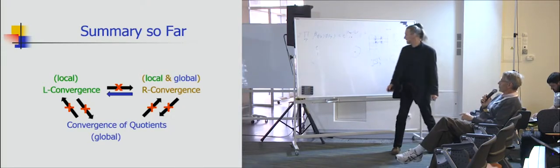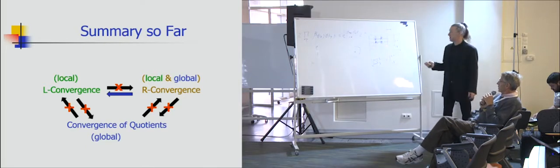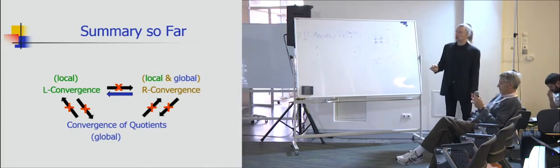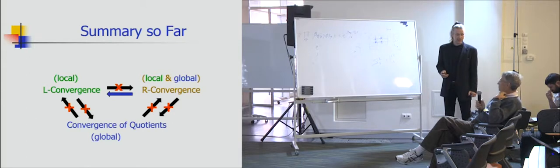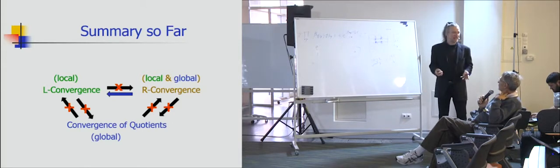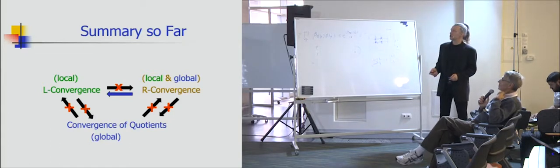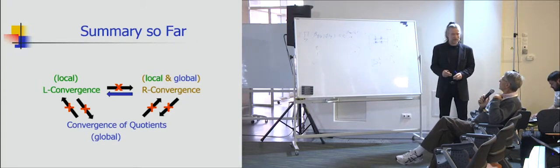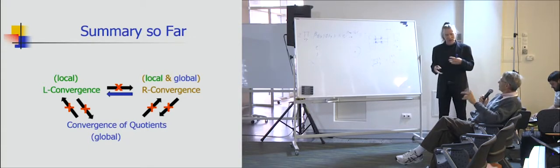Yes. For example, if I look at this example, you actually will have convergence in all three kinds. If you have a nice way of generating these graphs, you don't run into the problems we saw, where convergence of quotients not being equivalent had to do with funny things, like whether you were bipartite or not.